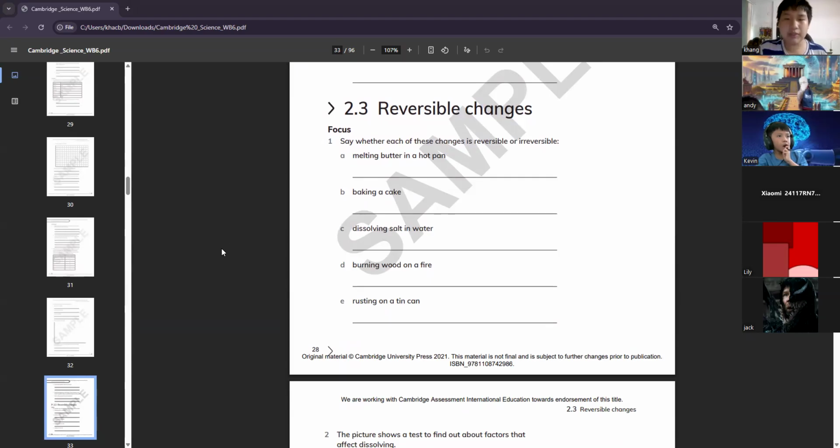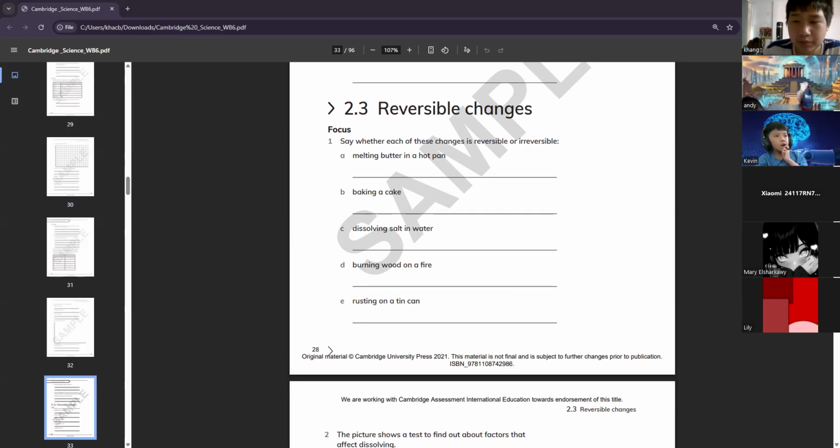So, guys, is melting butter on a hot pan reversible or irreversible? Anyone? Not reversible. Irreversible. Well, can you turn that butter back?